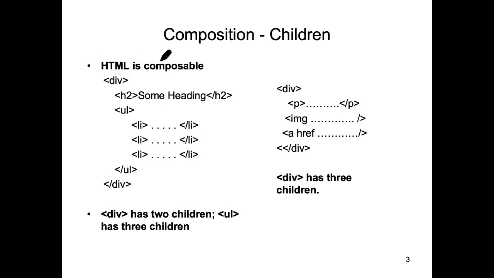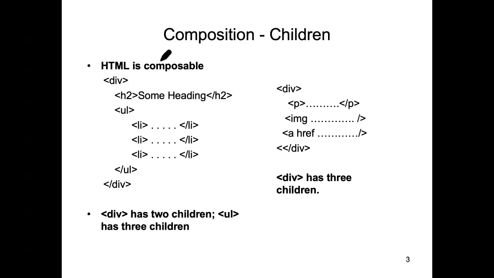In the two little code excerpts that I'm showing you there, if we take the one on the left, we would say that a div is composed of an H2 and a UL, or at least this particular div is, whereas on the right, I have a div that is composed of a paragraph and an image and a hyperlink.